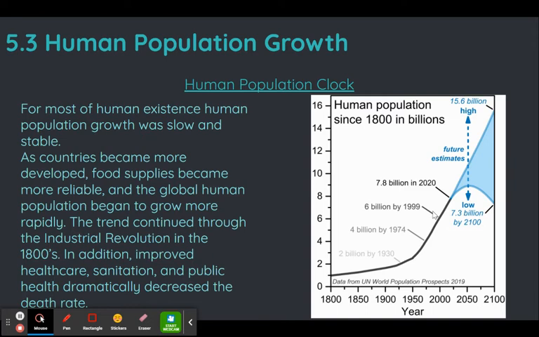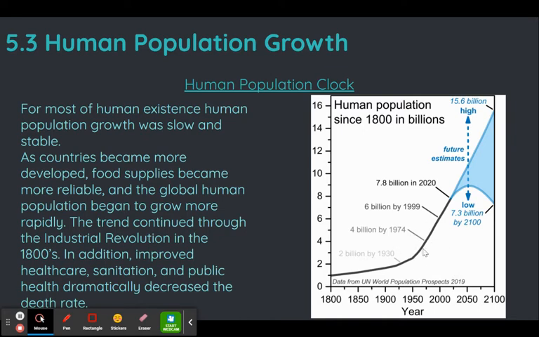One of the things that we think about when we study human population growth, and we're in section 5.3 right now, is the human population. For most of human existence, human population growth was slow and stable. However, something happened in the late 1830s, 40s, 50s. It was the Industrial Revolution.